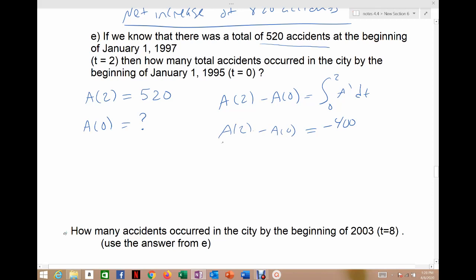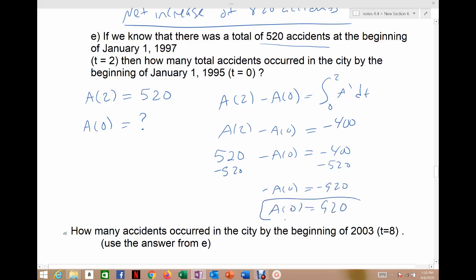Right, so I know 2 years in, it was 520. I'm looking for times 0. Move my 520 to the other side. And so there were 920 accidents that they took into account in the year 1995. All right, so at the beginning of their study, total number of accidents in 1995 were 920.